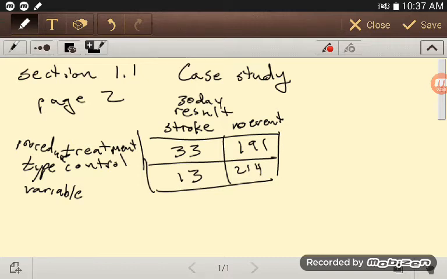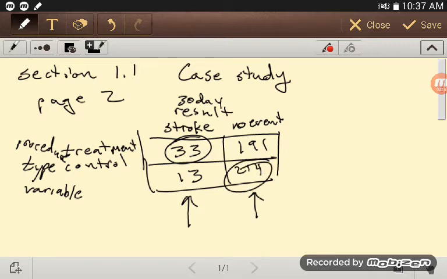Now, the reason I feel I see a difference is, notice in this first column, the top row is the bigger number, and it's quite a bit bigger. It's like 2.5 times bigger than the bottom number. But when I look at the second column, the bigger number is in the second row.